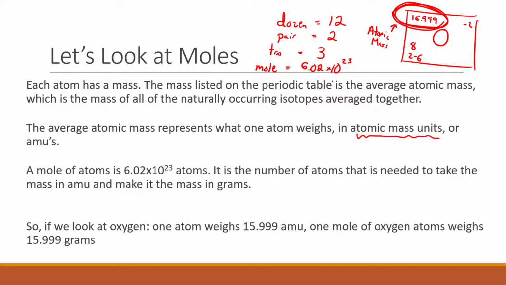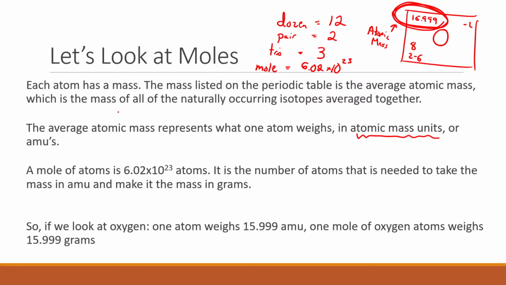And that's where we're going to end up. We're going to end up with 15.999 grams, which is a pen. Right? That's something that you can see and manipulate. That is an amount of a substance that's easy to work with as human beings.